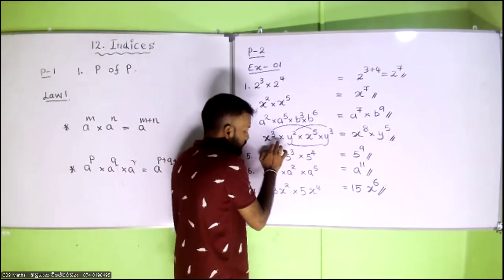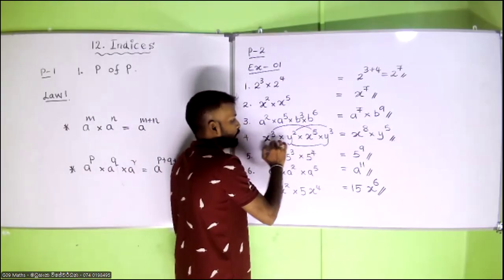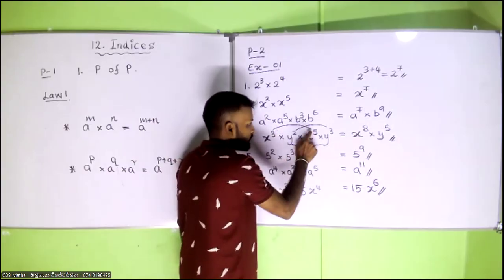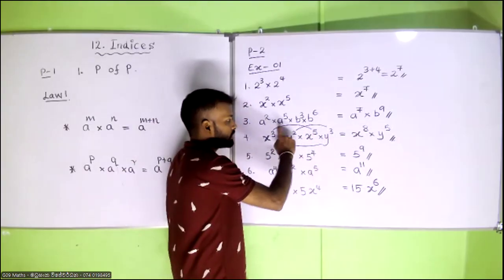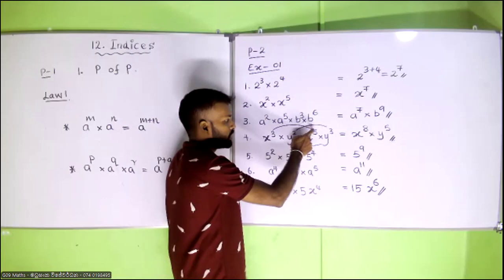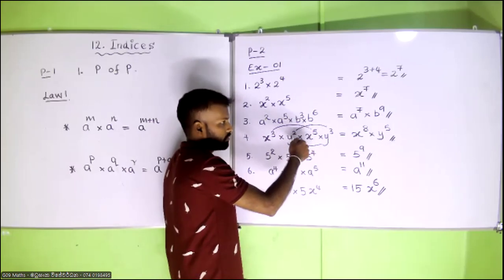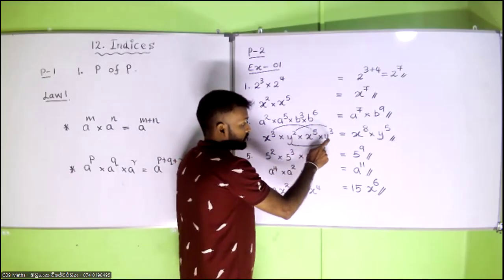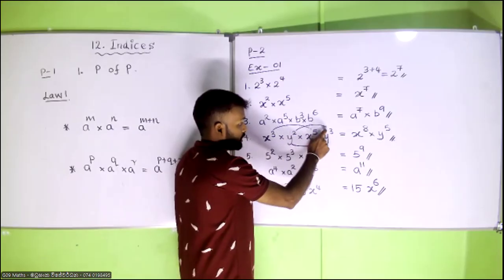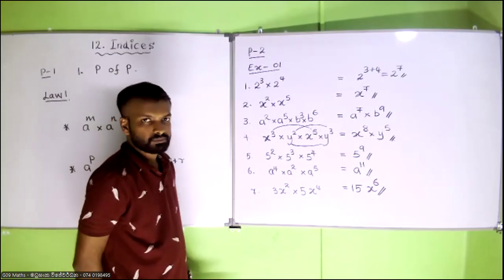Apple to the power 3. Any other apples? Yes. Apple to the power 5. Apple, 3 plus 5, 8. But don't capitalize. Use a pencil to join this. Banana. Any other bananas? Yes, banana. 2 plus 3, 5.